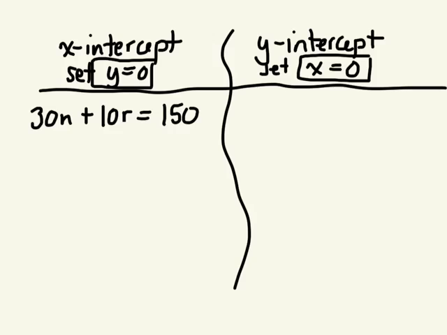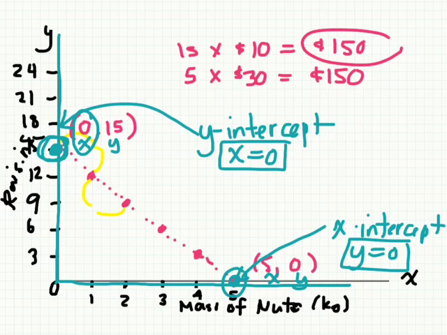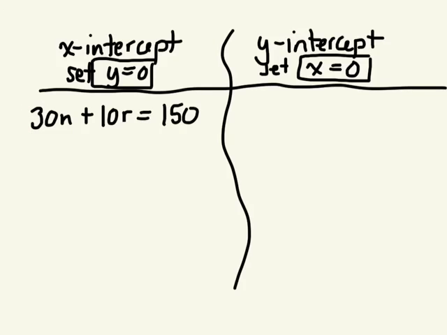Which variable did I have on the x-axis? N, right? We had n on our x-axis and r on the y-axis. So I need to make y equal to 0. So am I going to make n or r equal to 0? R. Okay? So we have 30n plus 10 times 0 is 150.